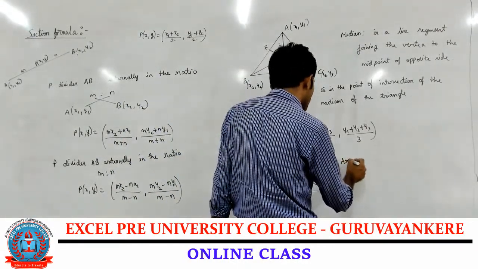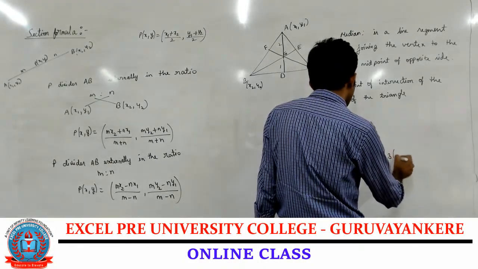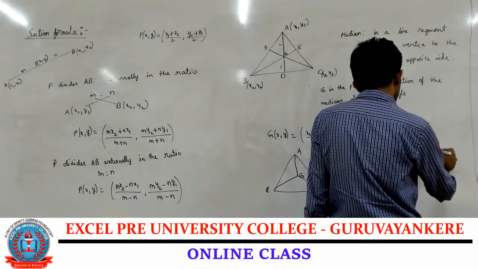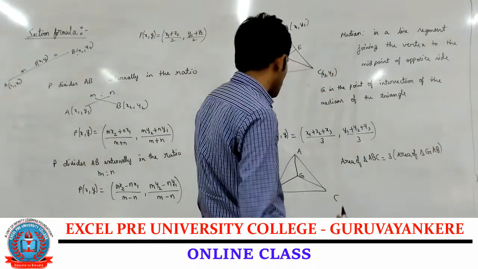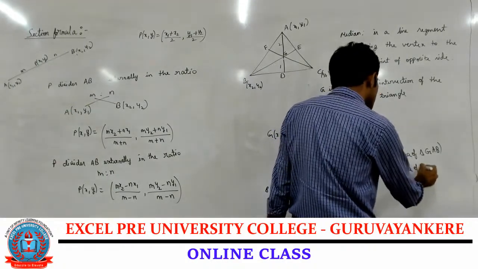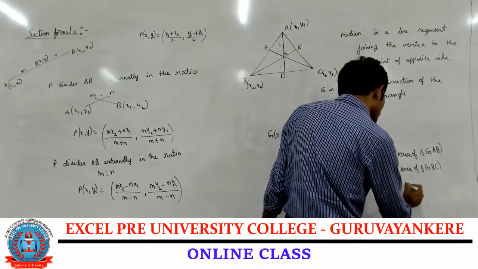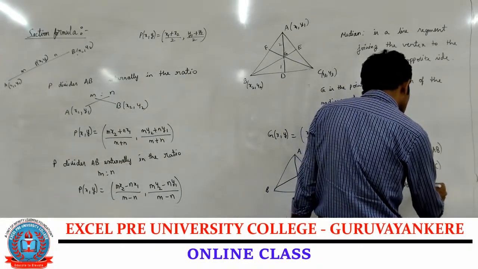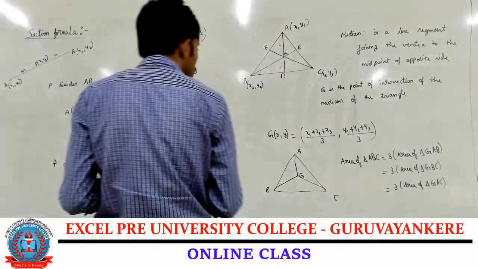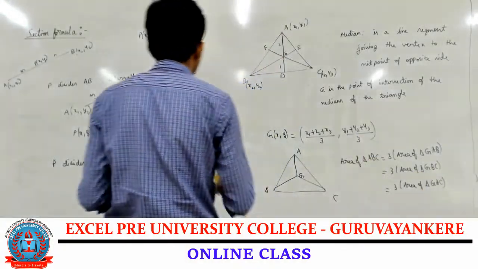Area of triangle ABC is 3 times the area of triangle GAB, which is also equal to 3 times the area of triangle GBC or 3 times the area of triangle GAC.